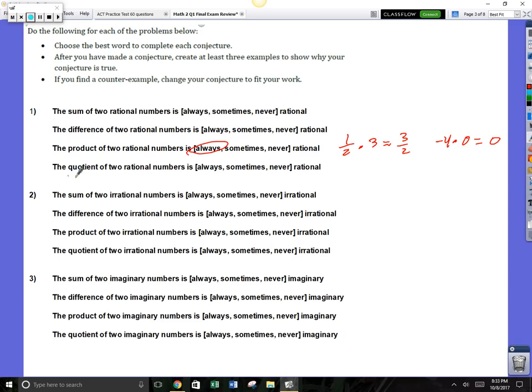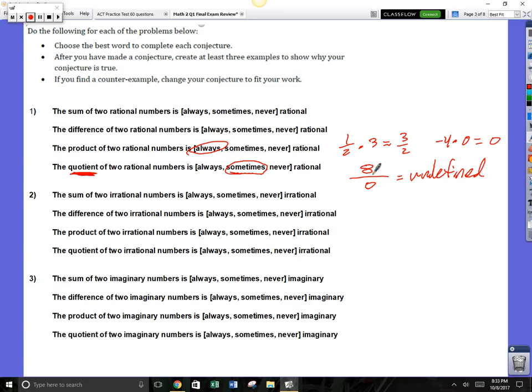Okay, the quotient. This one is tricky. So division. If you divide any 2 rationals, it is a sometimes. 'Cause if you pick this rational, 8 divided by 0, that is undefined. You can never, ever, ever divide by 0.